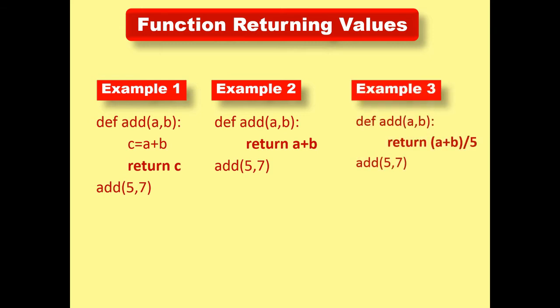My dear students, third example says, here we are again returning something, but in that case a plus b is an expression, but 5, my dear students, is to be called a literal value.